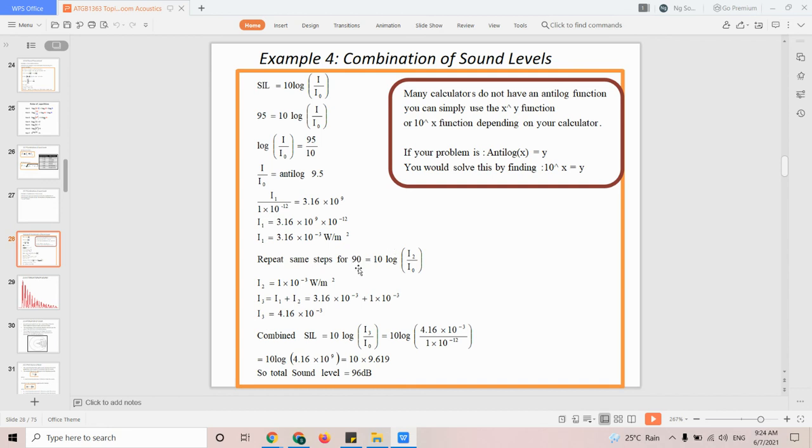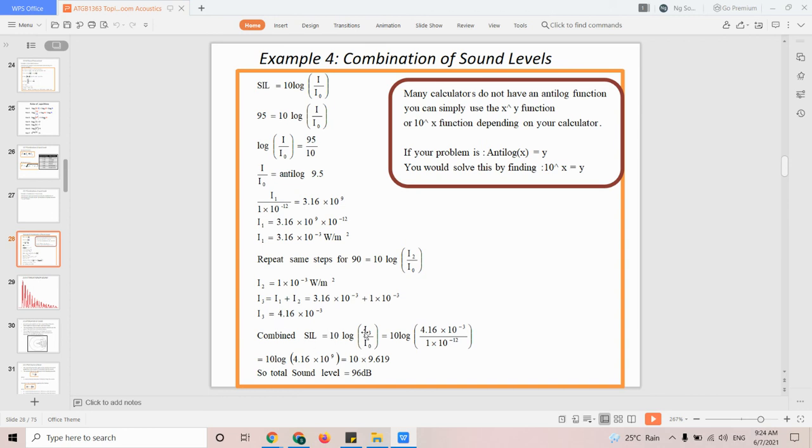Repeating the same for the 90 decibel, you work out that the value is this. So you follow through all this, and then you work out this is the value for your intensity for your 90 decibel. And then you can just add them together when it comes to intensity, and you'll get this value, the final value, I3.